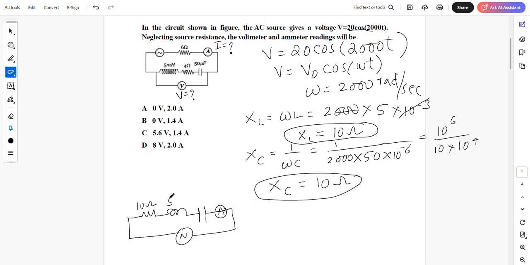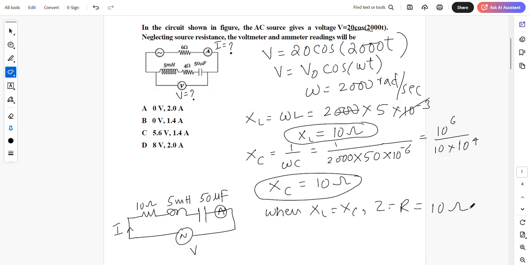L is 5 millihenry, and C is 50 microfarad, and this is the voltage. Now you have to find the current. When XL is equal to XC, what happens? Z will be equal to R. R is 10 ohm.